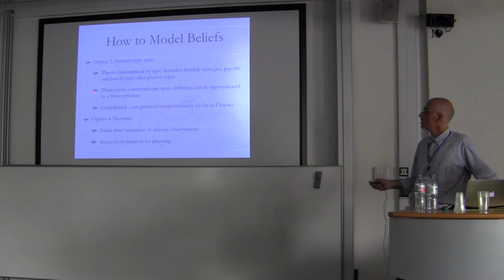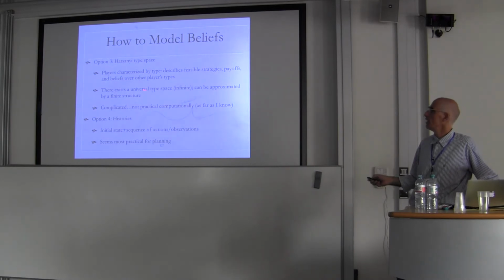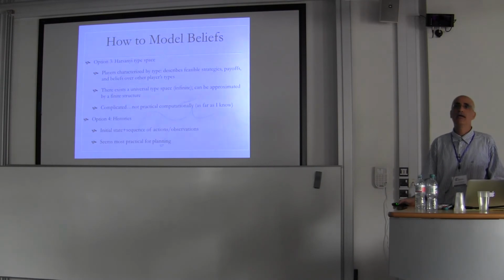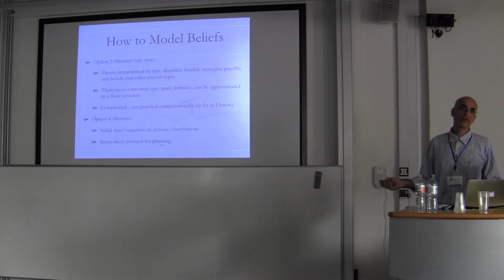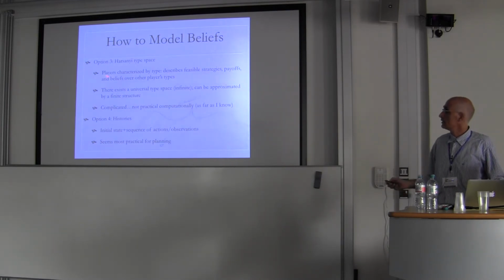He showed that there's a universal type space, it's infinite, can be approximated by a finite structure, and that lets you, instead of talking about the belief state, talk about the distribution over types. And if you tell me the distribution over types, I can compute everything. Not practical computation, but good to know that it is possible.